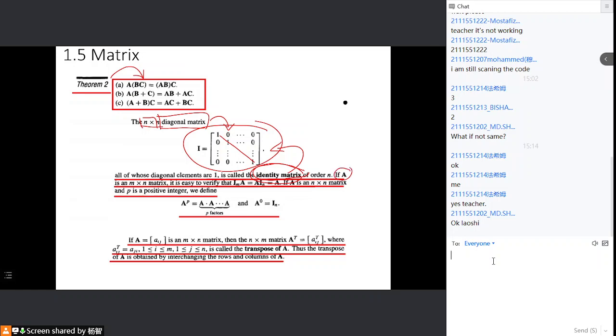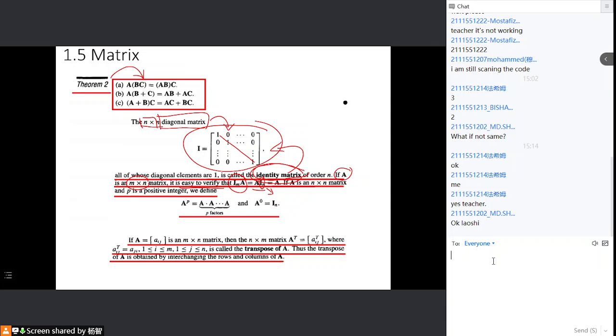If A has a shape of m by n, it's easy to verify that the product of the identity matrix Im and A is equal to the product of A and In.